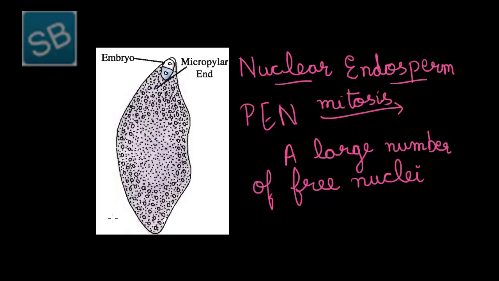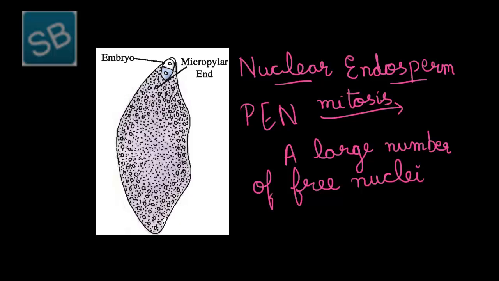As it can be seen from the figure, this is an endosperm tissue within which these nuclei are arranged around the periphery of the tissue, and there occurs a central large vacuole between these nuclei.